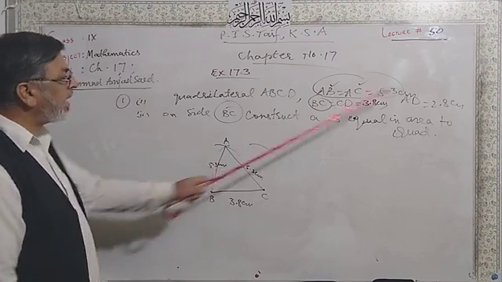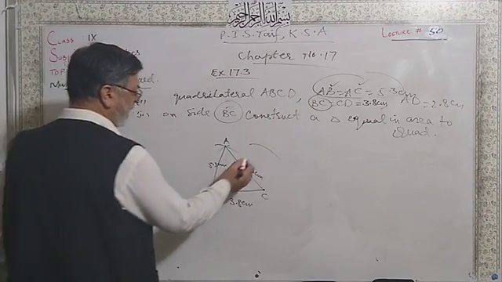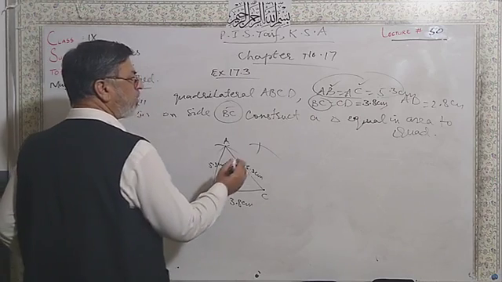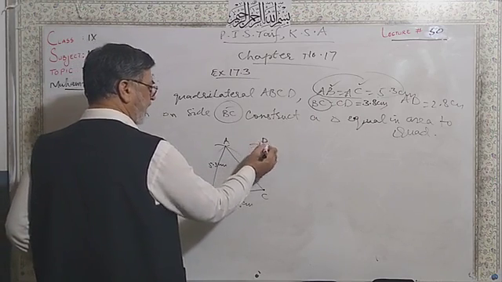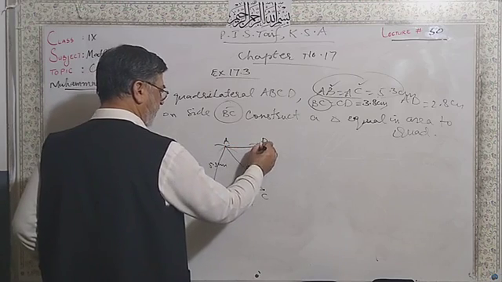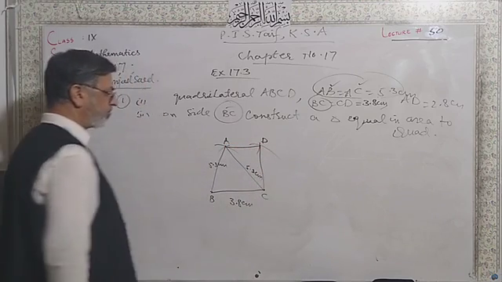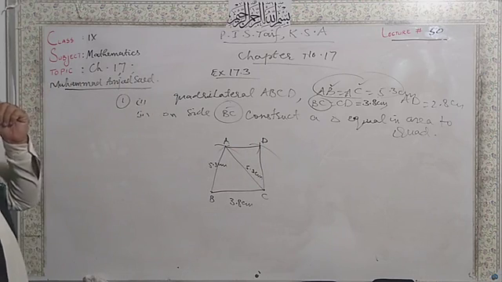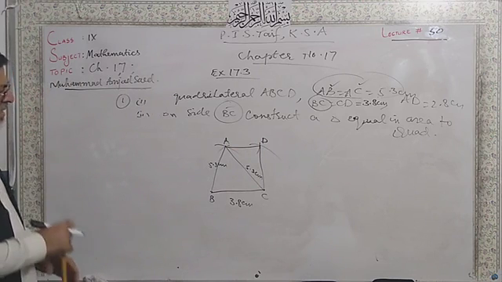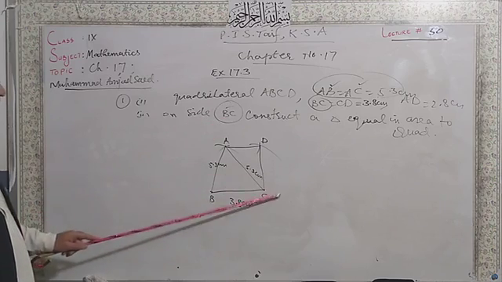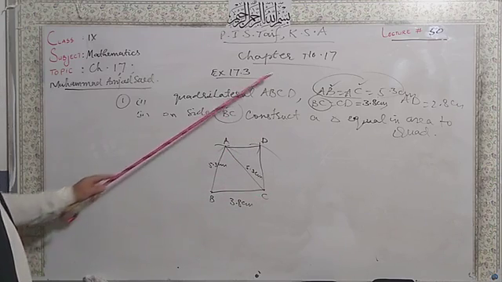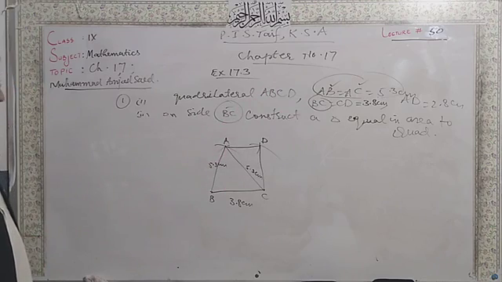And taking A as center, draw an arc of radius 2.8 centimeter. This common point is D. Join A with D and C. Dear students, this is your quadrilateral ABCD.